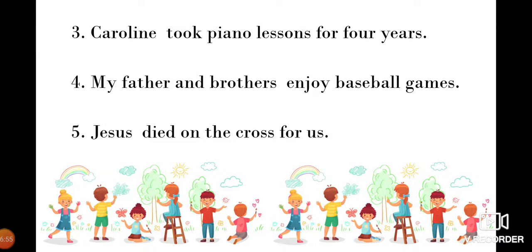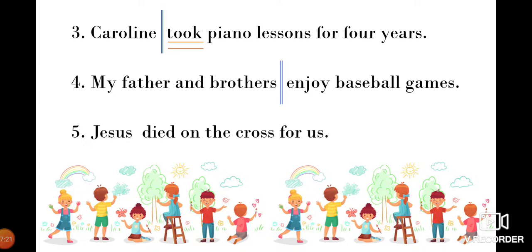Exactly. Now, number three, "Caroline took piano lessons for 4 years." We separate the subject and the predicate. Caroline is the subject, then we have took piano lessons for 4 years, which is the predicate, and the most important word here is took. Excellent. "My father and brothers enjoy baseball games."